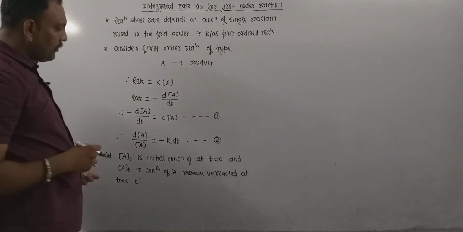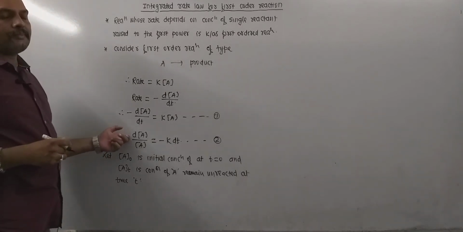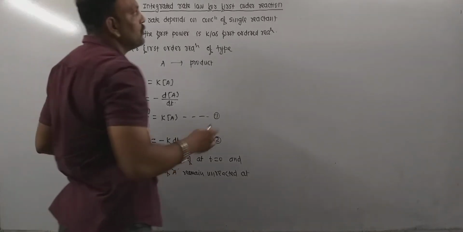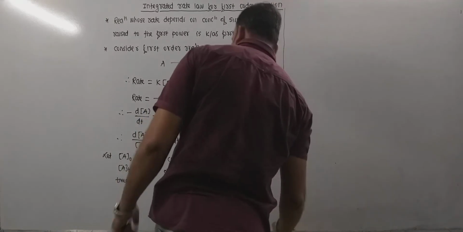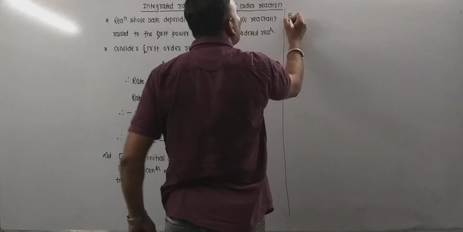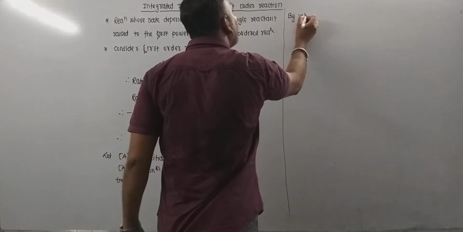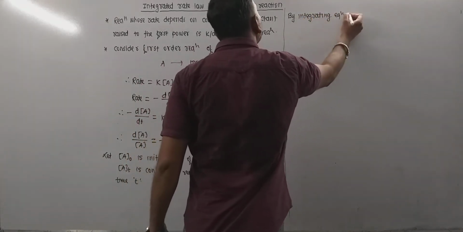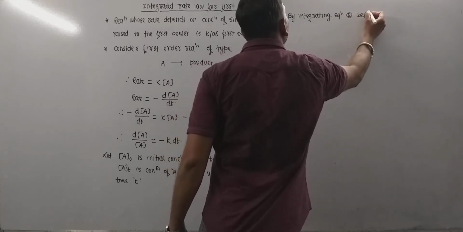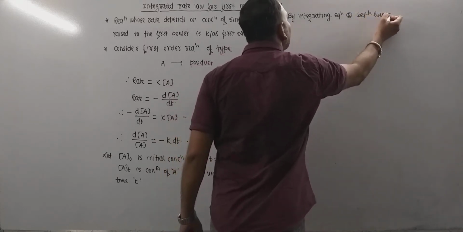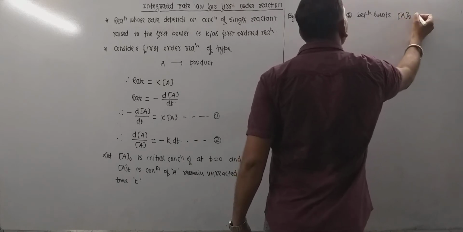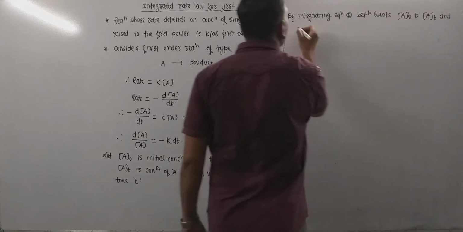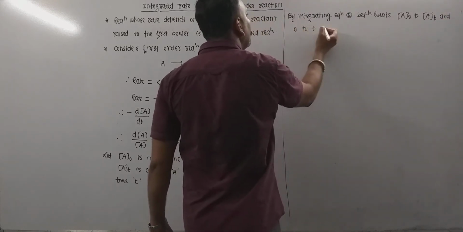Now to get the integrated rate law for first order reaction, we integrate equation 2 between suitable limits, concentration of A naught to concentration of At and 0 to t.